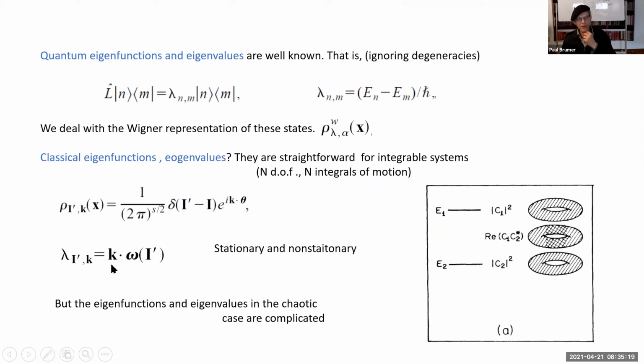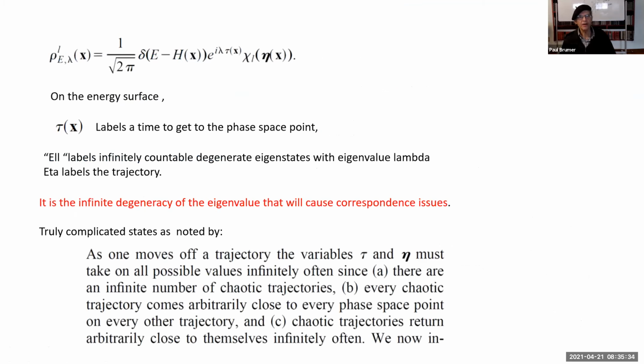Whether the frequencies are commensurate or not dictates whether you might have some extra degeneracies in your problem. But the chaotic eigenstates are like this. And as I pointed out here, they have an infinite number of chaotic trajectories. They come arbitrarily close to every phase space point. That would have to be necessary for ergodicity and so on. And there's an infinitely countable set of these states.